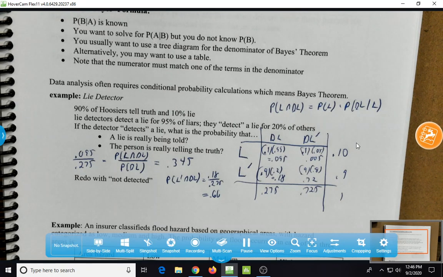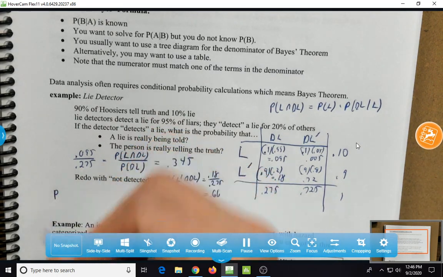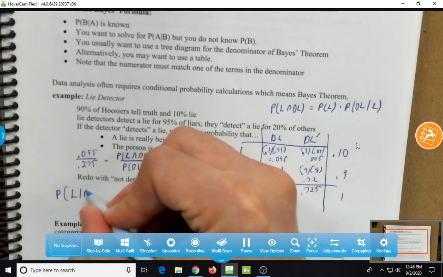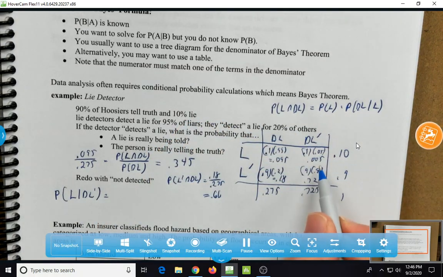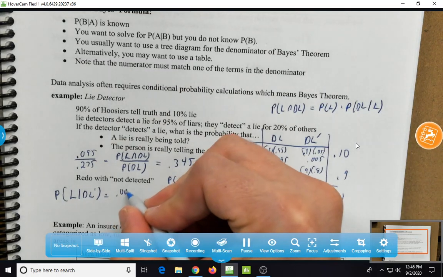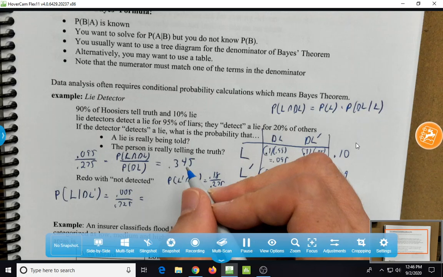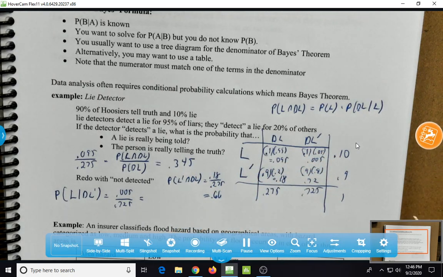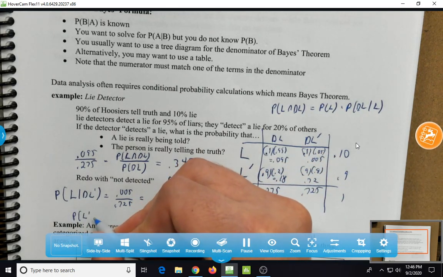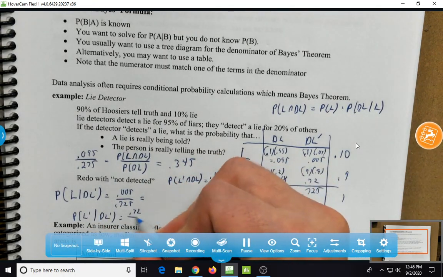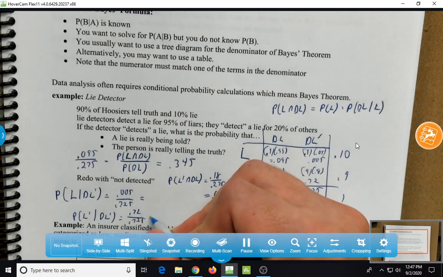All right, let's say it didn't detect a lie. The probability that you are a liar given that it didn't detect a lie would be 0.005 over 0.725, and the probability that you're a truth teller and it didn't detect a lie would be 0.72 divided by 0.725.